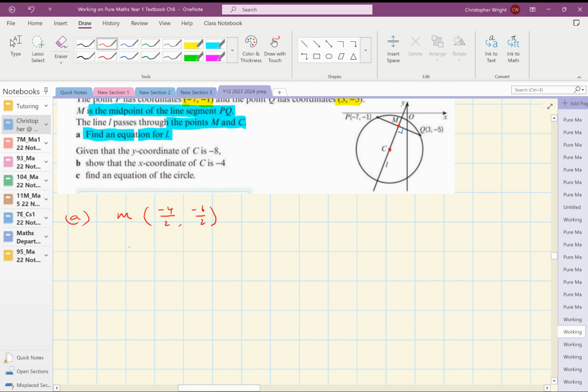So M is -2, -3. That is a point on the line L. So I've got a point on the line L. Now I need the gradient of the line L.